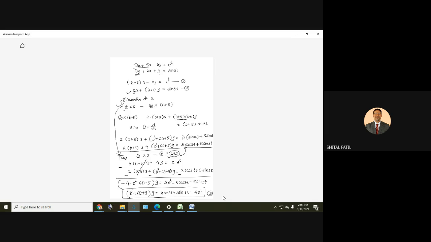Are you getting this? Can I proceed? Now we have to solve this. Can I go to the next page? Any doubt on this page? Can I change the page?